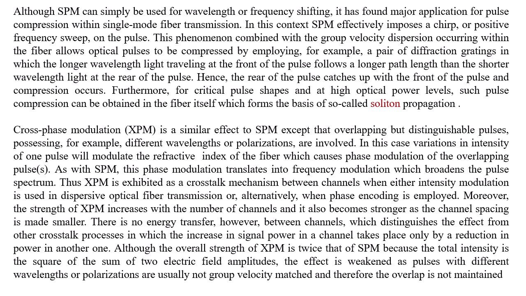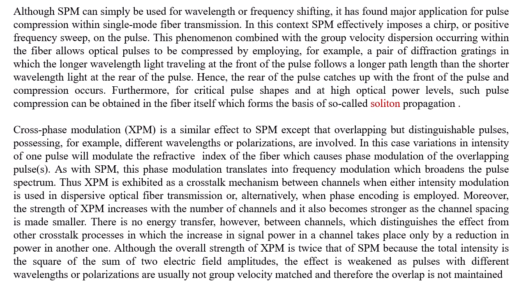This phenomenon, combined with the group velocity dispersion occurring within the fiber, allows optical pulses to be compressed by employing a pair of diffraction gratings, in which the longer wavelength light traveling at the front of the pulse follows a longer path length than the shorter wavelength light at the rear of the pulse. Hence, the rear of the pulse catches up with the front of the pulse and compression occurs.